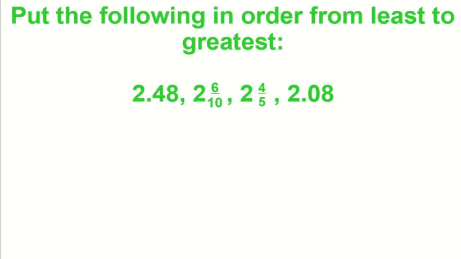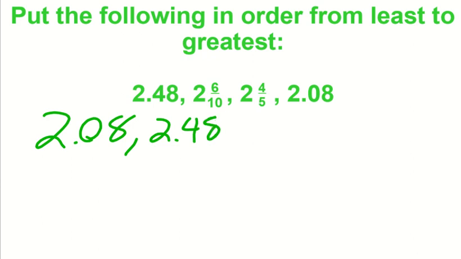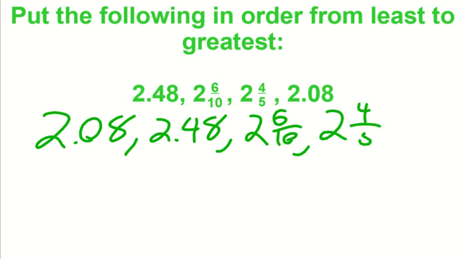All right, who thinks they got it? Ben? All right, 2.08, obviously 2.08, 2.48. 2 6/10.